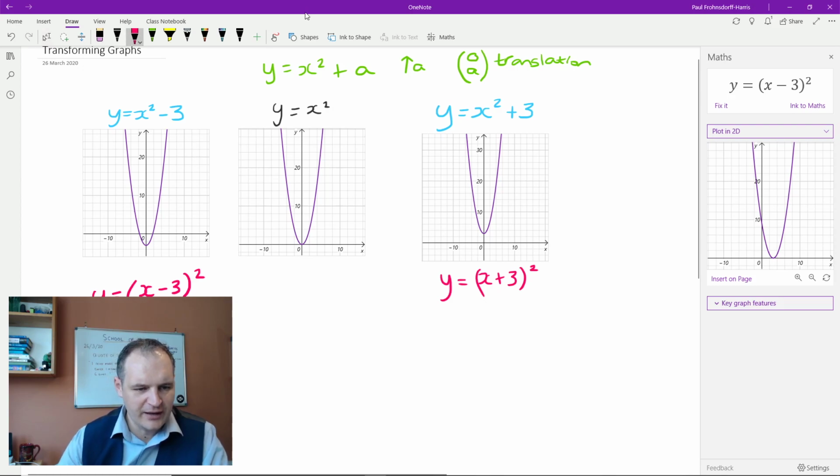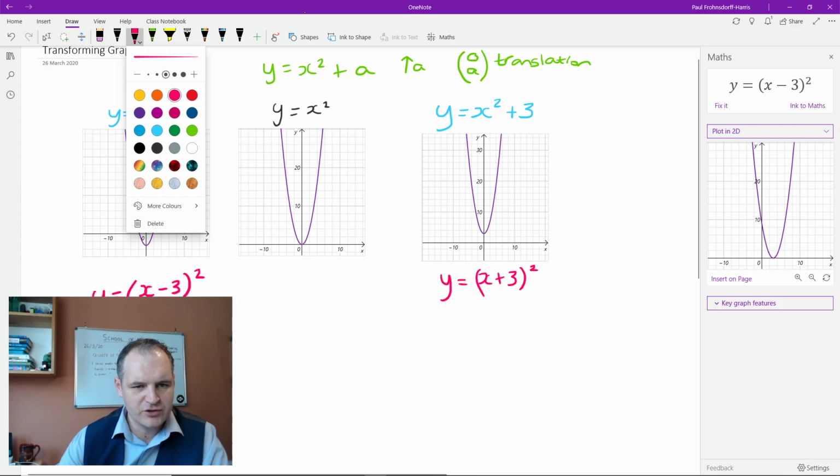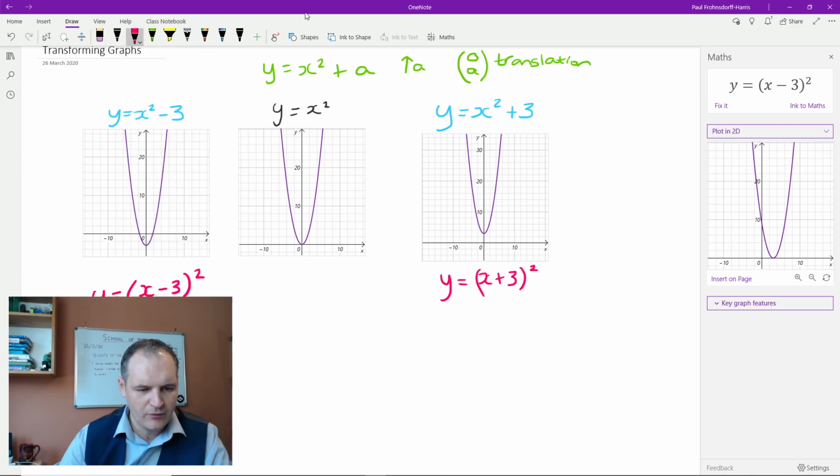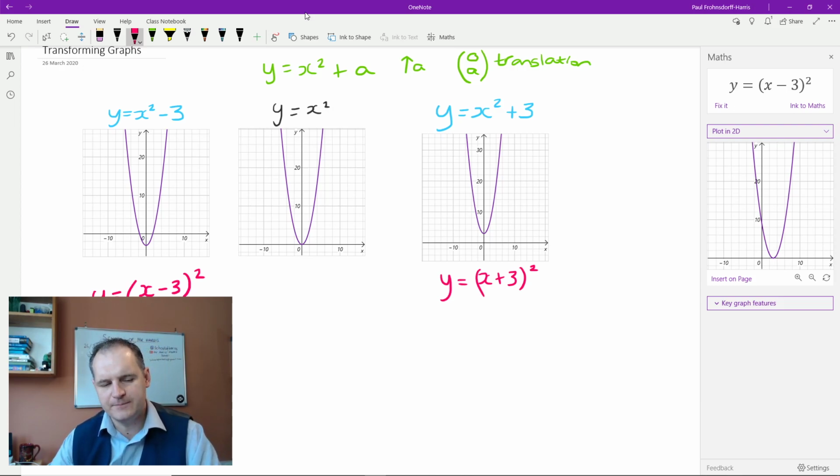I can see this whole graph from here originally appears to have moved 3 forwards. But that's a minus. How is it possible that that's a minus and yet it's moved forwards? Well, here's why. The minus 3 has happened to the input, not to the output.